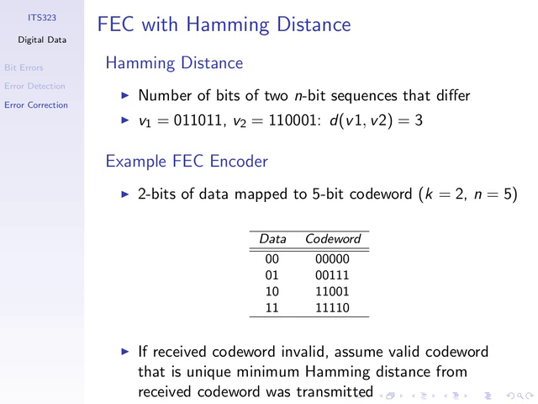What does the receiver do? It's a valid code word. We have 3 bits in error, and it's a valid code word.